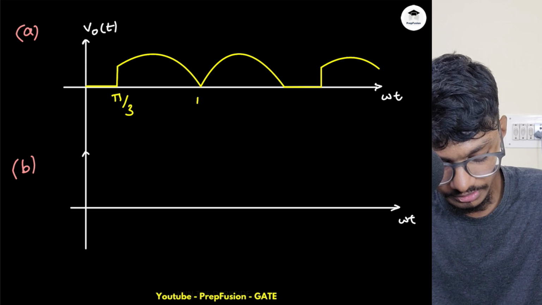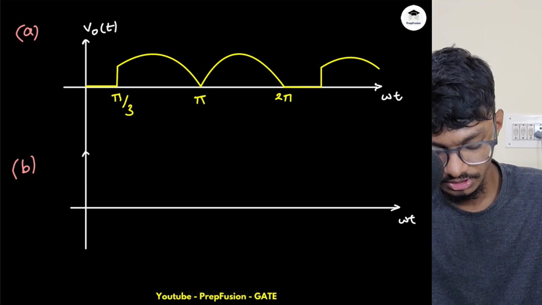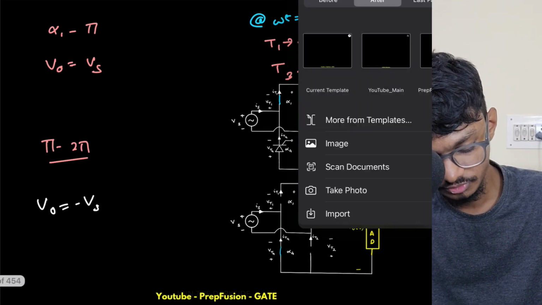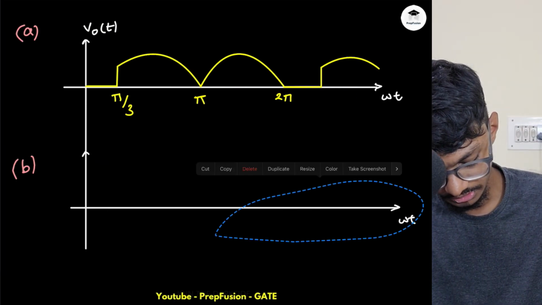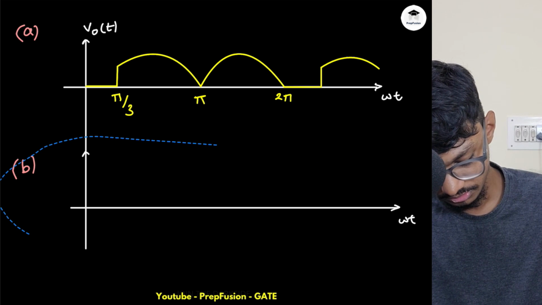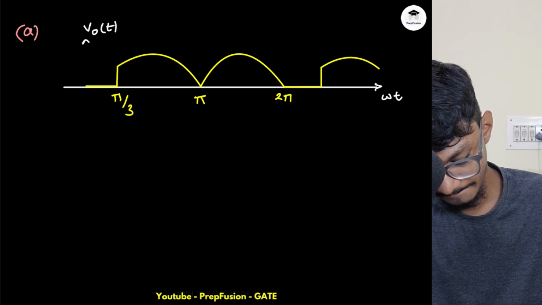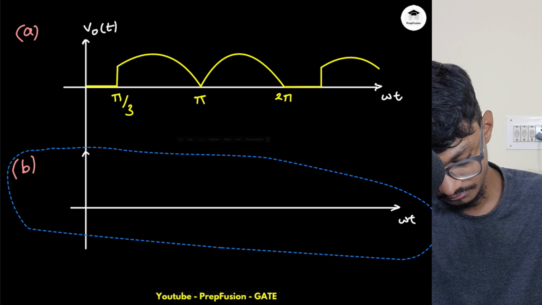So what will be the average output voltage? VO average. If I compute the VO average, I might need to take this to the next page.